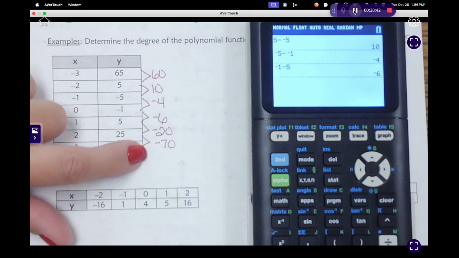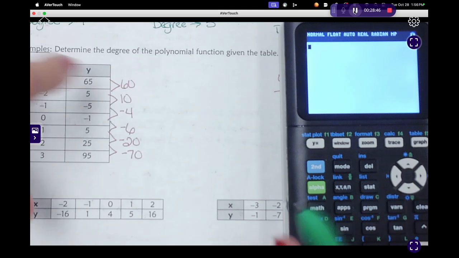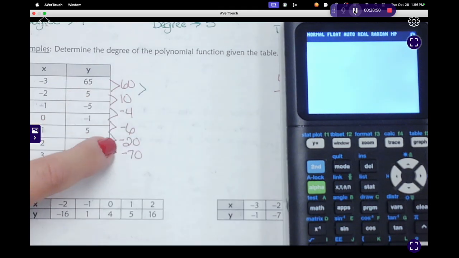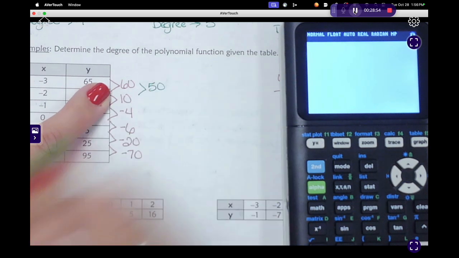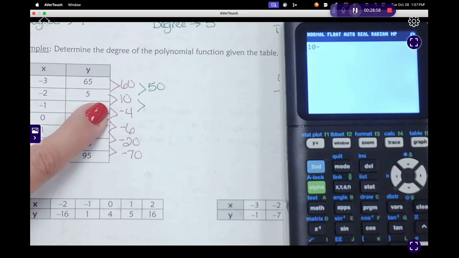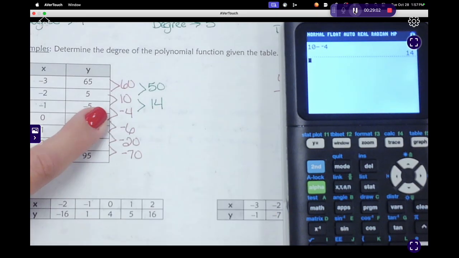Now, obviously, those are not all the same number. So now we're going to continue this. I'm going to do this a step further and subtract these y values. So now I'm doing 60 minus 10, which is 50. Be careful here, you have 10 minus a negative 4, gives you 14.